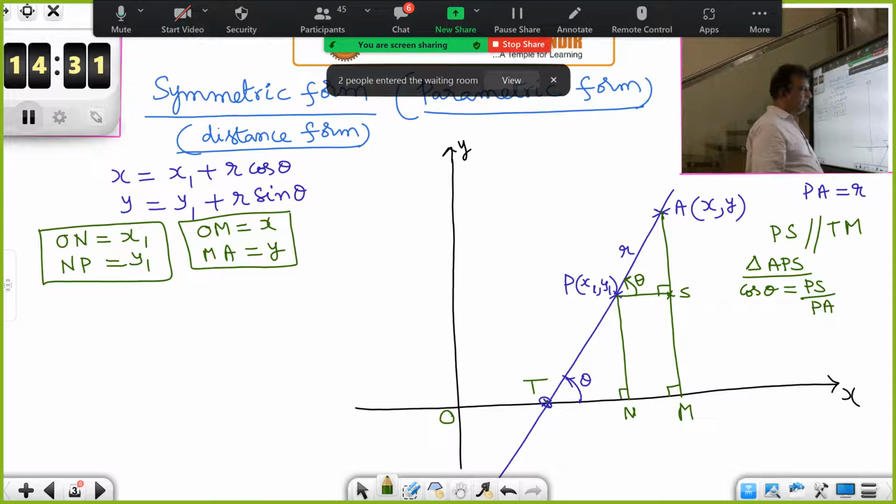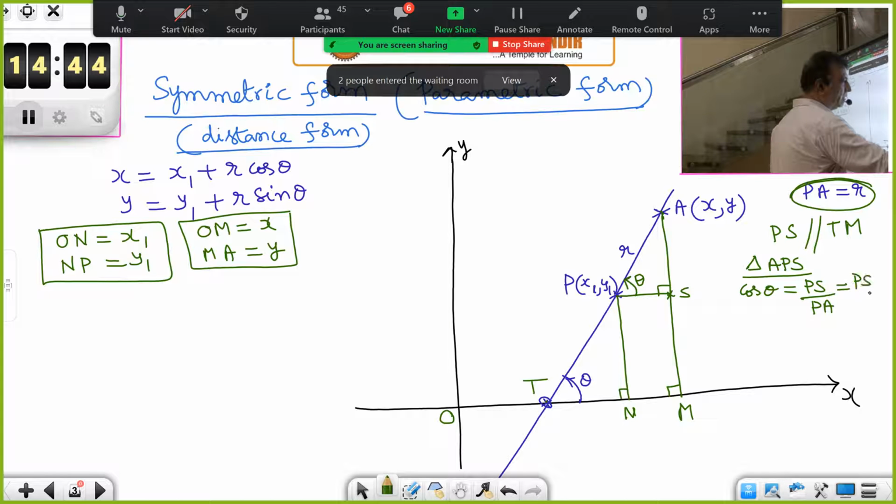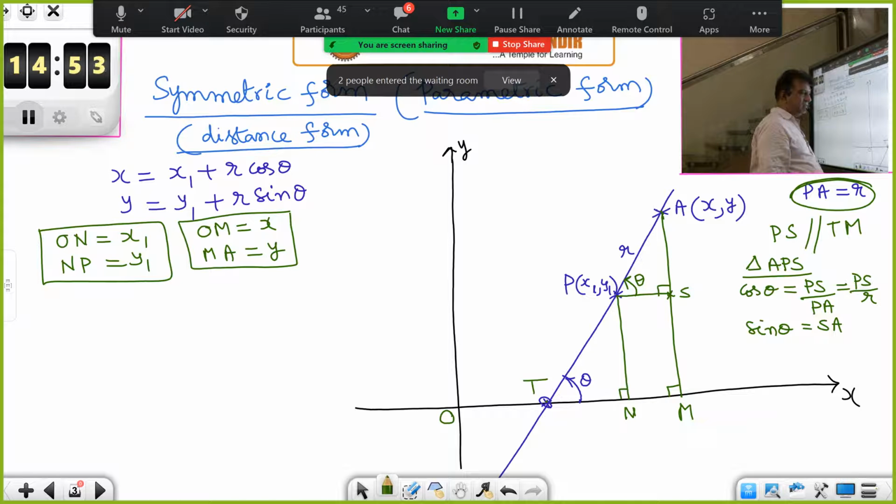But PA is the distance from P to A, that is taken as r, is it not? Yes, sir. So PS by r. Now tell me sin theta. Sin theta is equal to SA by PA. So SA by r. Okay. PA is r.